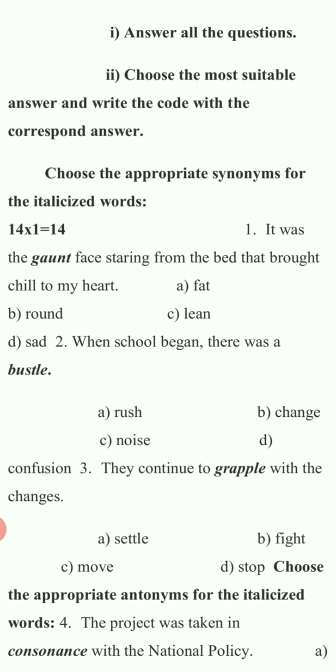Option A, settle. B, fight. C, move. D, stop. Here, option B, fight is the correct answer. You have to write B, fight. Likewise, put the number 3, then write the option B, then write the answer fight. That is the correct way of writing the exam.